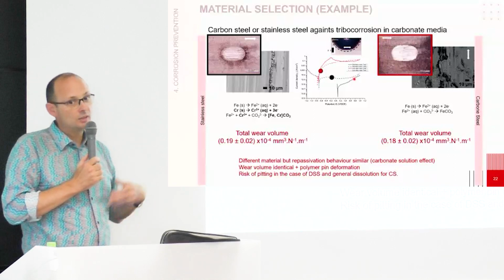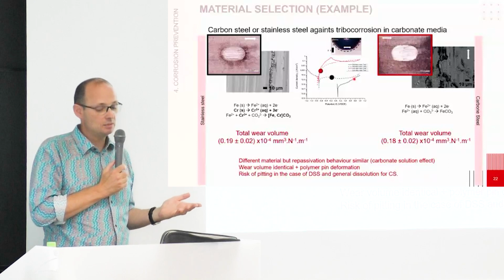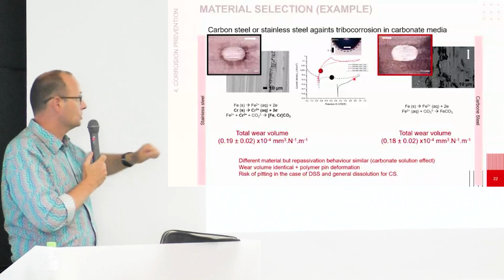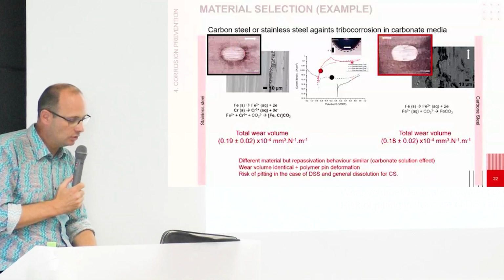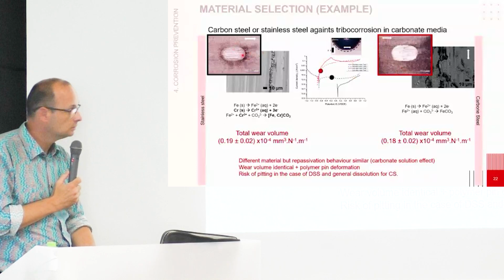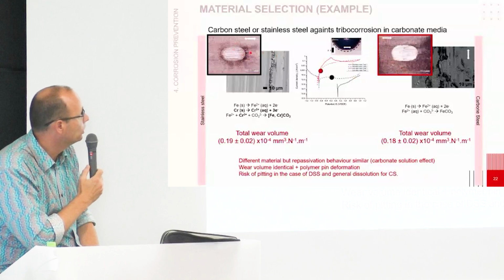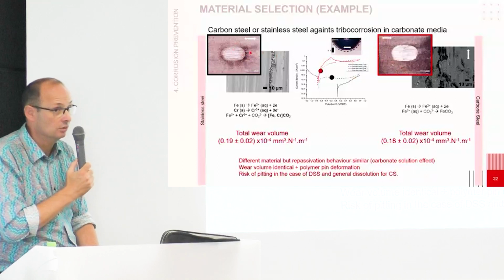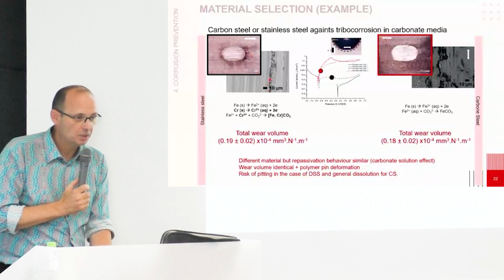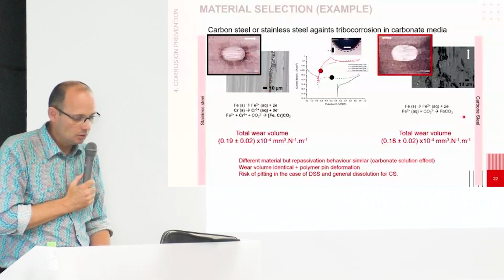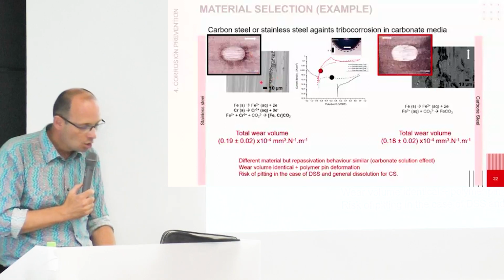So if I'm applying a mechanical load on the surface, is stainless steel still better? What I'm doing is just making a test. Here you have the friction track, which at the optical level seems exactly the same. If you look at the microscopic level using SEM, you see that globally we can see the scratch of the sliding.